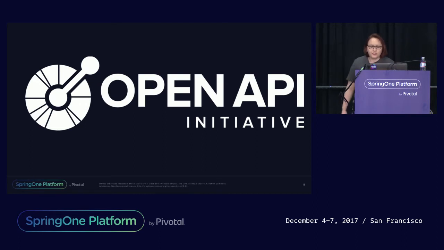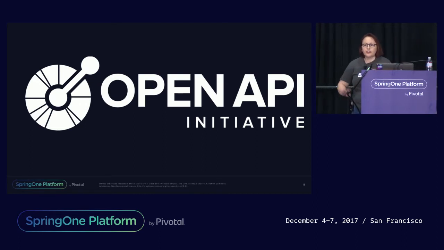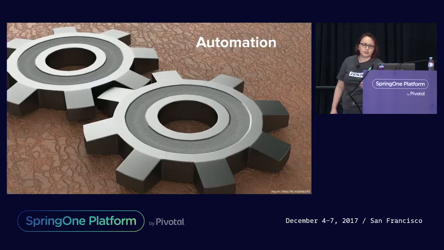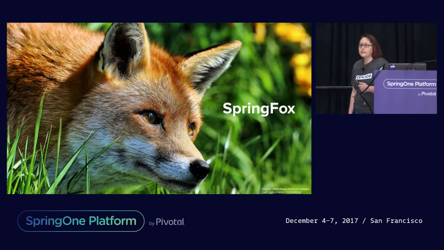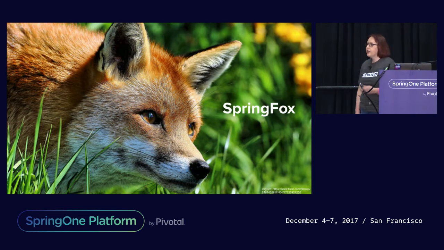Okay, so there are, in our ecosystem, two major ways to add Swagger to your projects. The first is a fully automated approach, and there's a library that exists called SpringFox. And SpringFox is actually really easy to get started with. It was already being used on some of our projects.